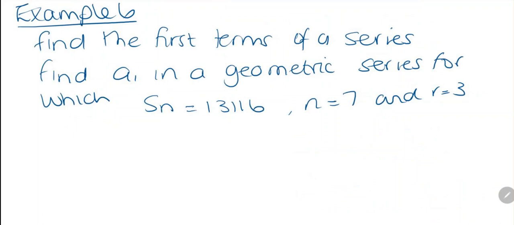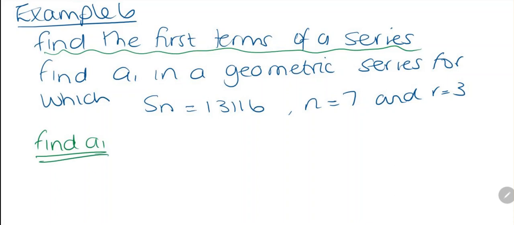Okay, so looking at example 6, this is finding the first term of a series. We're asked to find a1 in a geometric series when we're given that the sum of the numbers is 13,116, the number of terms is 7, and r is 3. So we need to find a1.